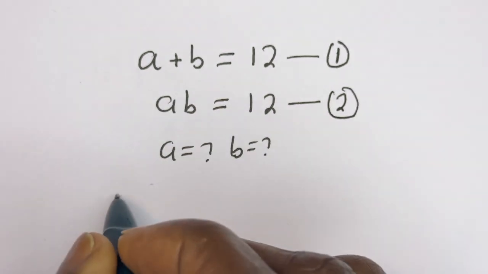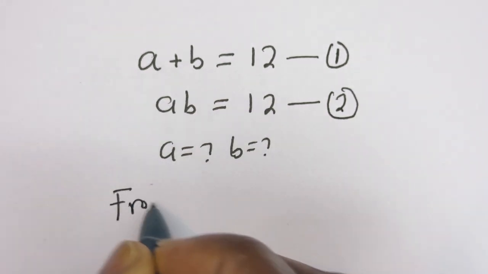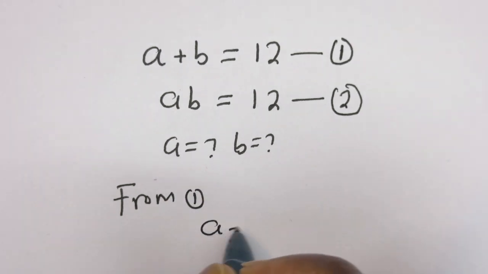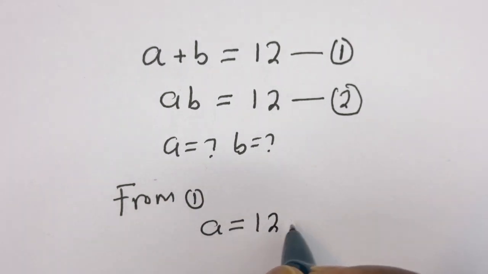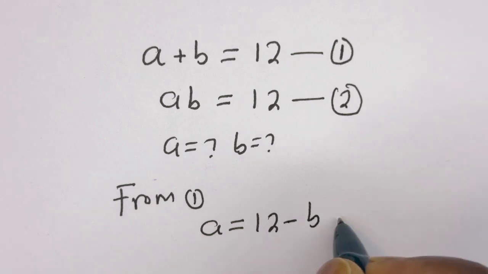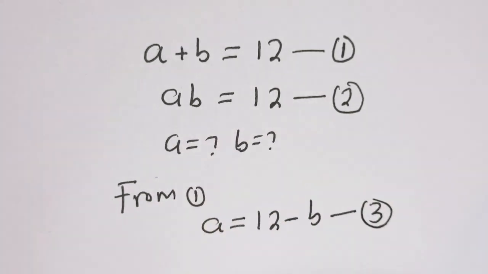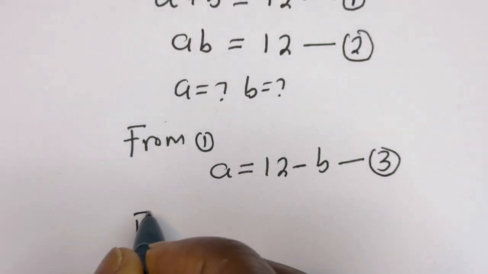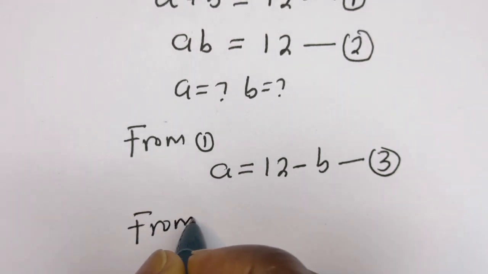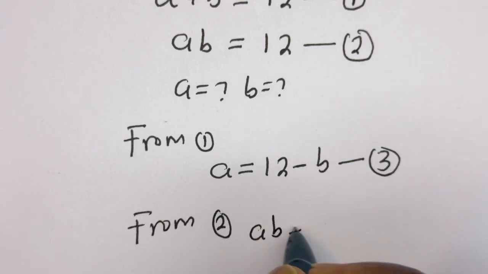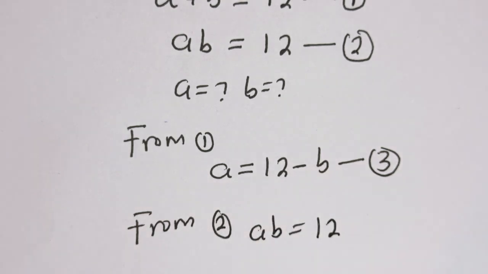From equation 1, a is equal to 12 minus b. Let's call this equation 3. And from equation 2, ab is equal to 12.